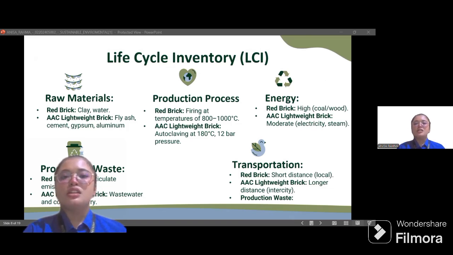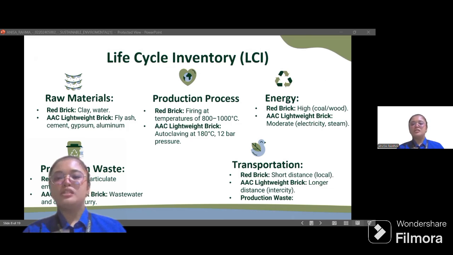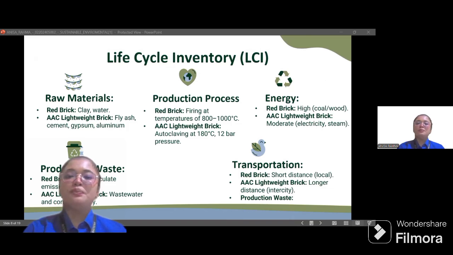The second is production process. After raw materials are obtained, these materials undergo a very different production process. The production of red bricks involves firing at a high temperature of around 800 to 1000 degrees Celsius, which requires a large amount of energy.